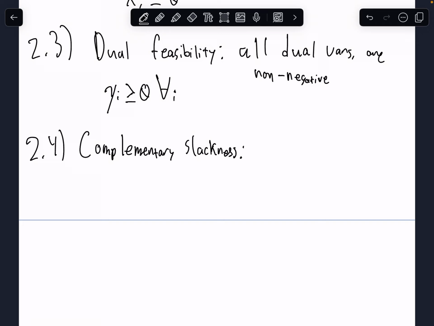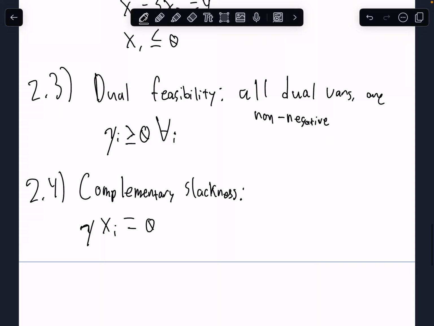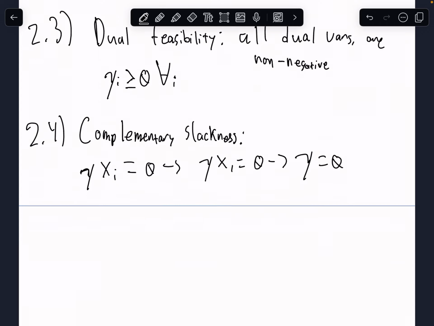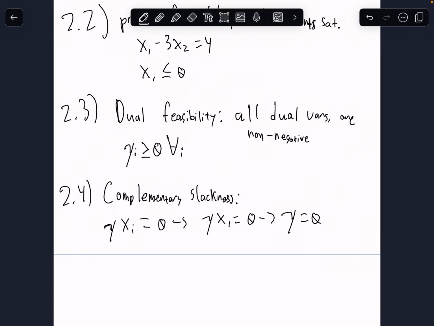But what I do remember is that it's just gamma times x1 equals 0 in this case. Which means that gamma x1 equals 0, which means that gamma equals 0. I'll elaborate on that later.